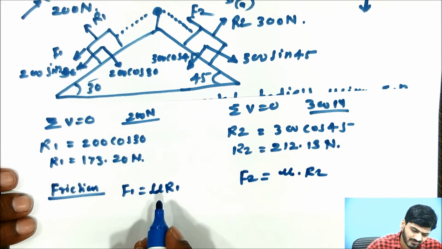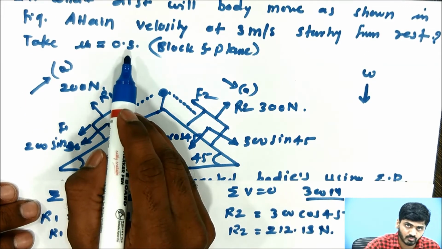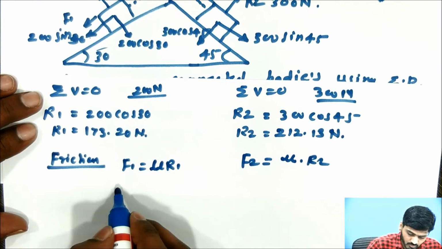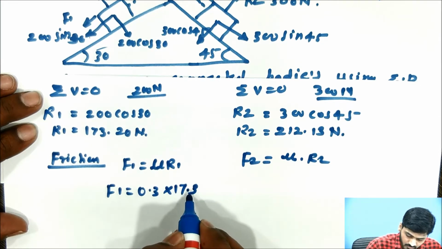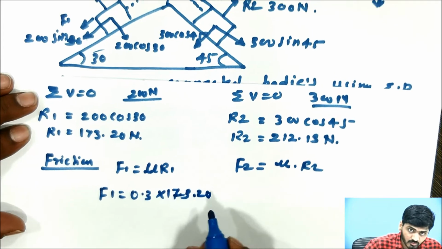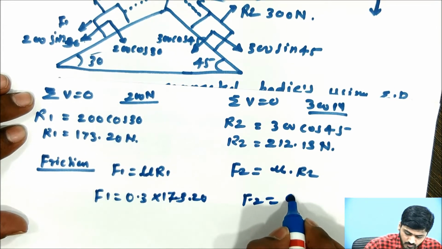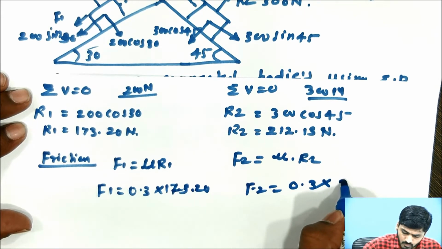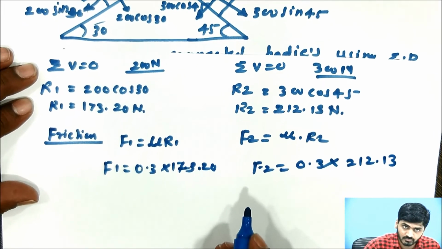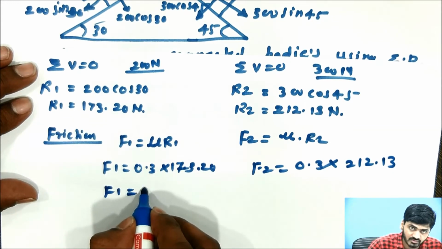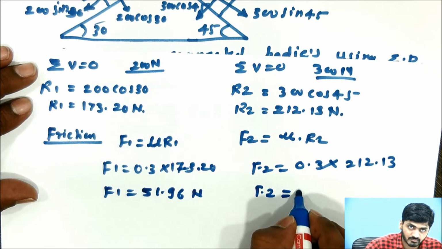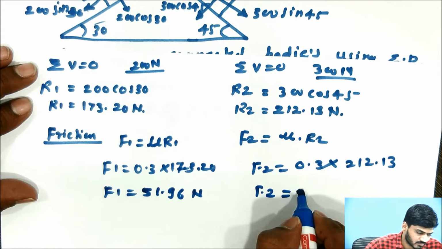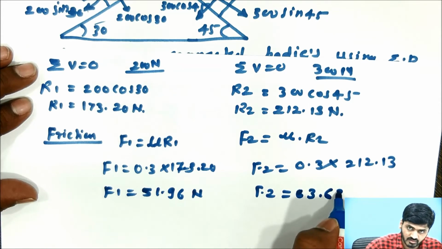All of you know the value of mu, it's already given, 0.3. So F1 is equal to 0.3 into 173.20 and F2 is equal to 0.3 into 212.13. Let's do the calculation. The value of F1 is 51.96. The value of F2 is 63.63.